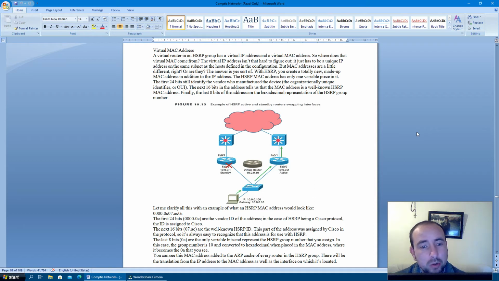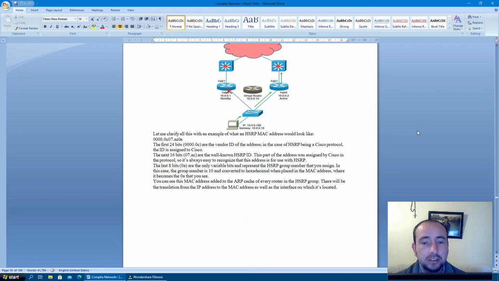The first 24 bits still identify the vendor who manufactured the device, the Organizational Unique Identifier or OUI. The next 16 bits in the address tell us that the MAC address is a well-known HSRP MAC address. Finally, the last 8 bits of the address are the hexadecimal representation of the HSRP group number.